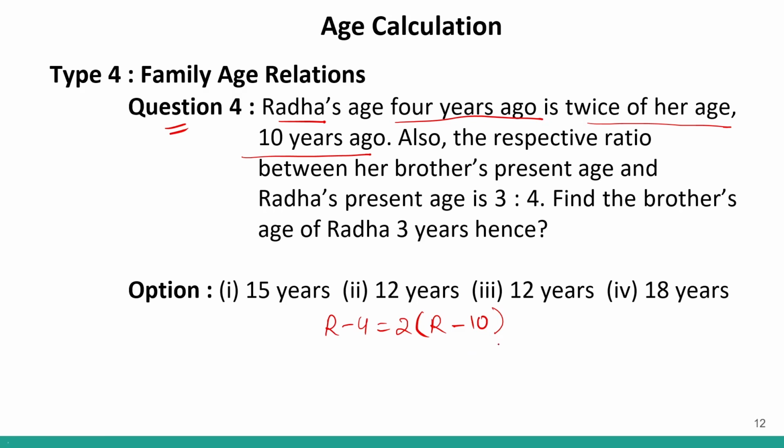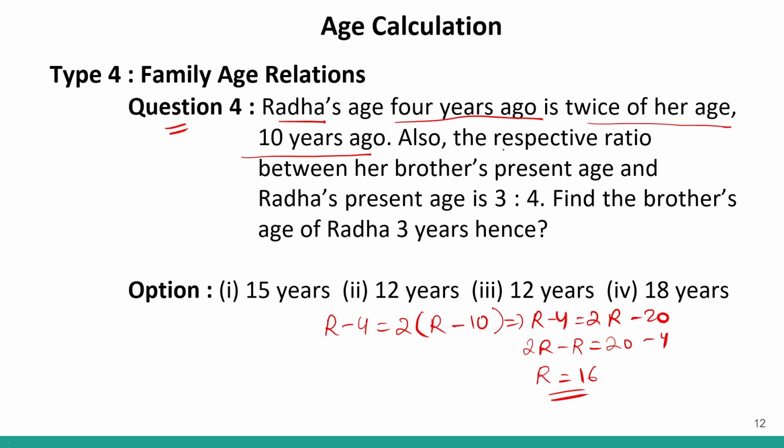So this is given in the question. Based on this, can I find the value of Radha's age? Yes. If I solve this, it will be r minus 4 equals 2r minus 20. So if I take r over there, 2r minus r, and if I take 20 over here, it will be 20 minus 4. So r's value will be 16.